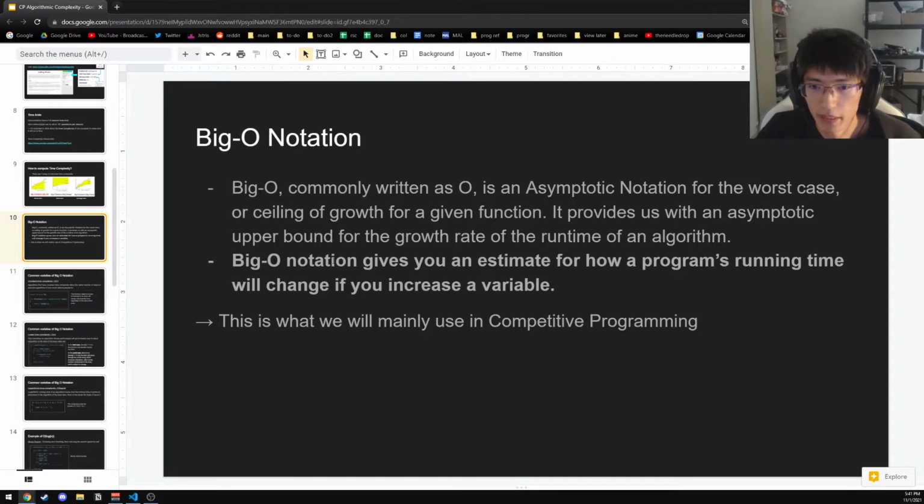Big O notation is basically an estimate of how the running time of a program might increase if you increase some variable.